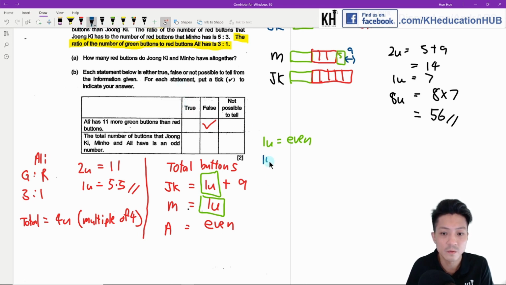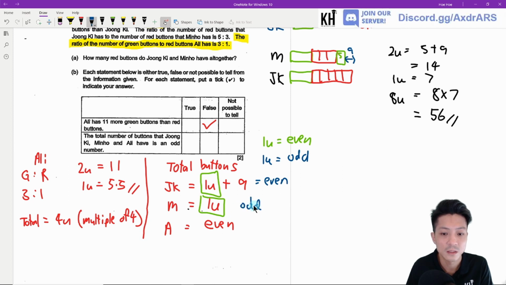Okay, now if 1 unit is odd, odd plus odd will give you even. So if JK is even, and this is odd, even plus even will give you even, but even plus odd will still give you an odd number. Okay, so regardless of whether the 1 unit is an even number or an odd number, the total will always be an odd number.